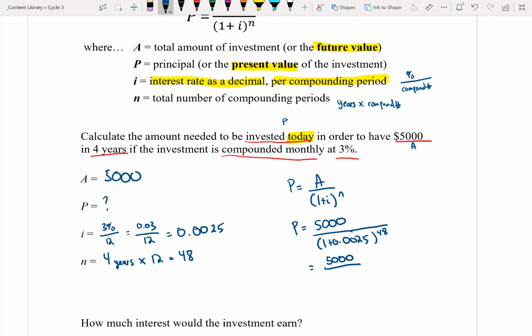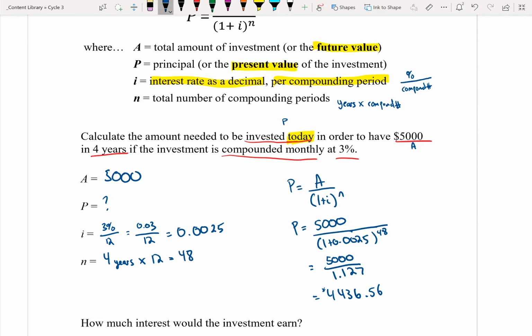So 1 plus 0.0025 to the power of 48, you get 1.127, and then divide, and you get $4,436.56.